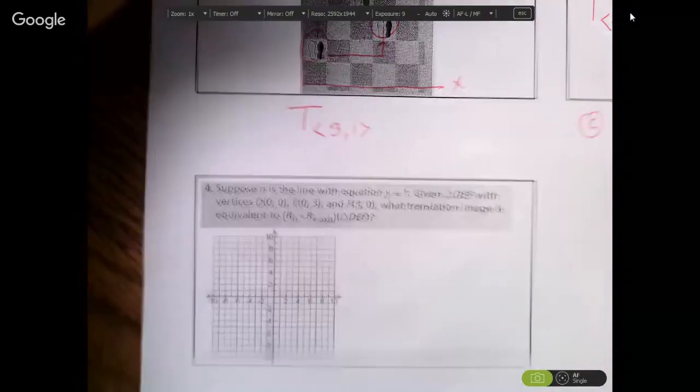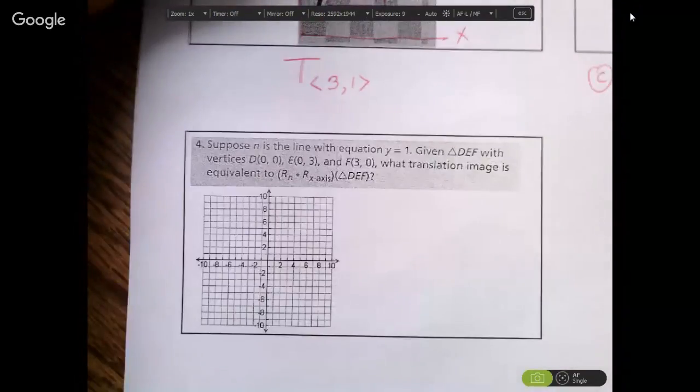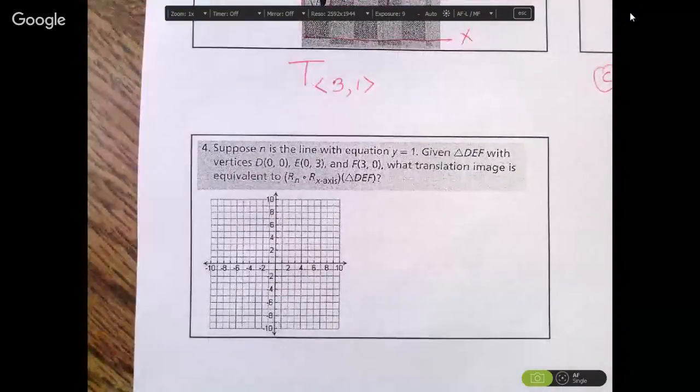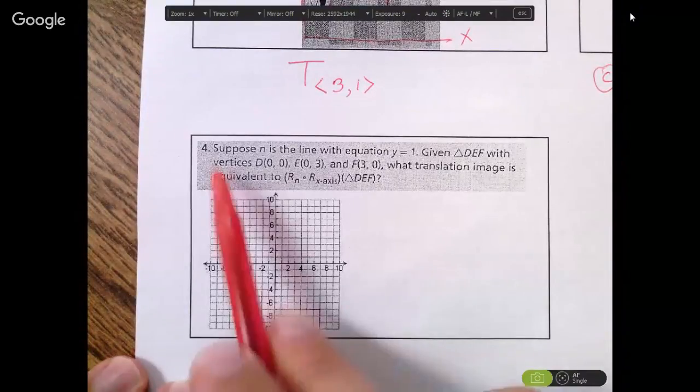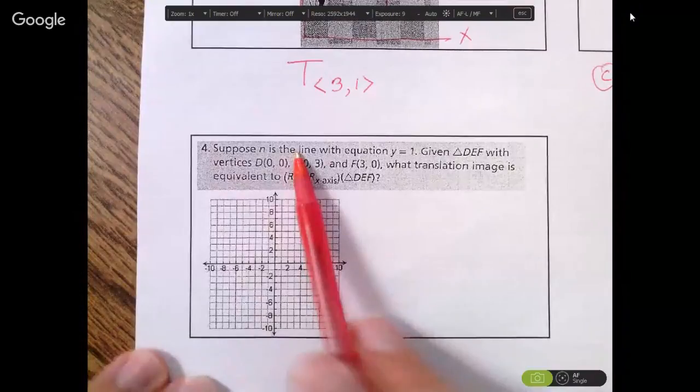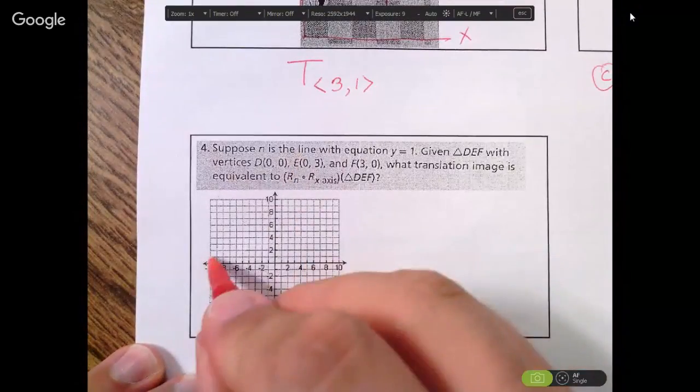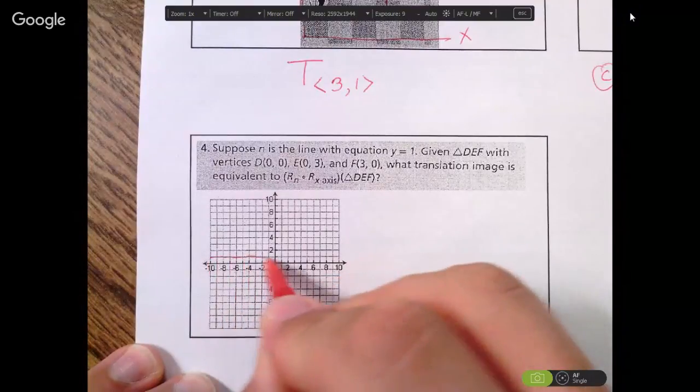Okay, last question we're going to do. I think it's going to be easiest for us to go ahead. Suppose n is a line where the equation is y equals 1. So I'm going to gently sketch y equals 1.